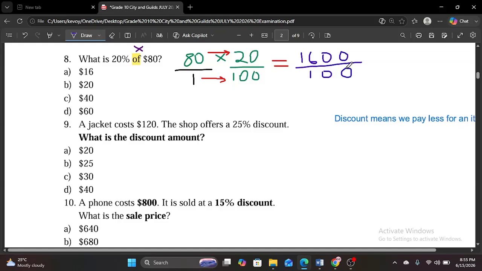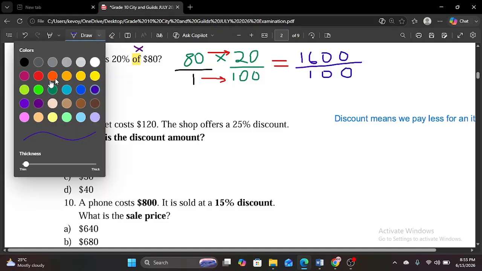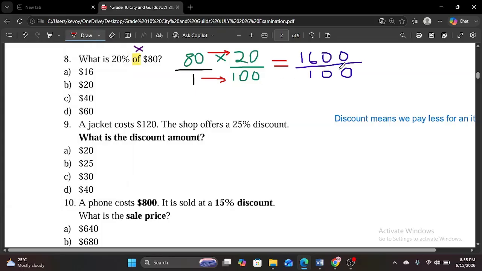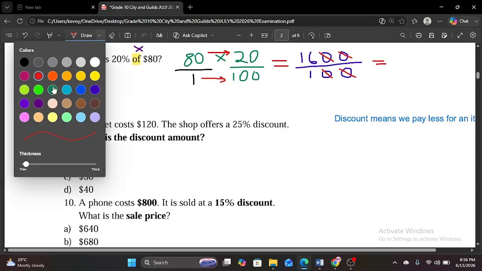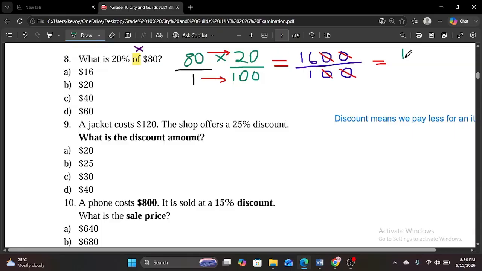All right. So now all we have to do is just eliminate the zeros. So take 1 zero from the bottom and 1 zero from the top. Take another 0 from the bottom and another 0 from the top. So now you'll be left with just 16 as your answer. All right, so that's going to be 16.